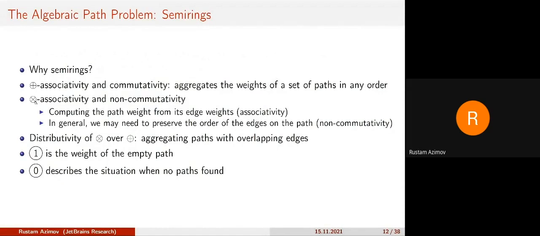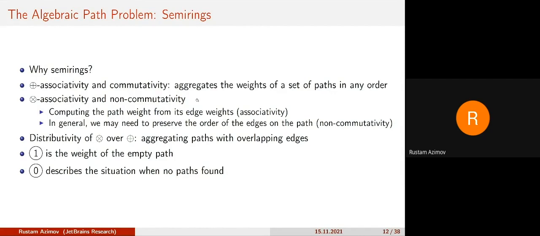Next, let's talk about associativity and non-commutativity of multiplication. What is the semantics of the multiplication operation? The multiplication operation just helps to compute the weight of a path with given weights of its arcs.